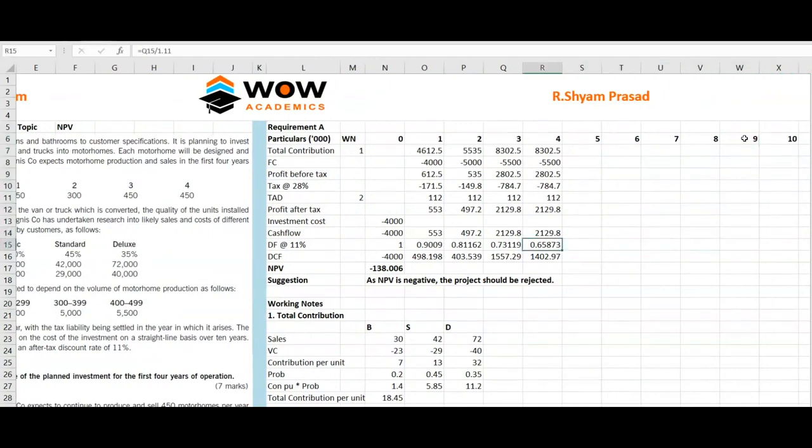So how do you find out the discount factor? You take the same 4th year last discount factor, you copy and paste. The formula has already been inbuilt, so you get the discount factor of each year.